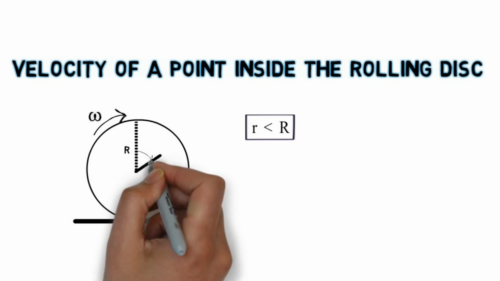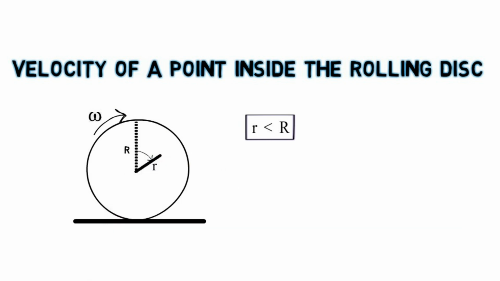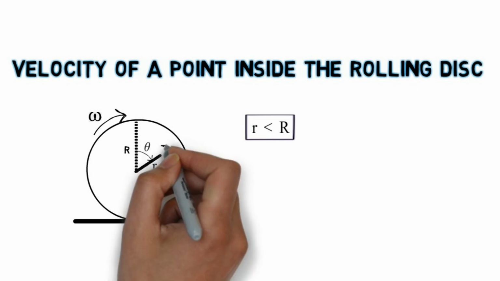And since we have chosen an arbitrary point, we will take the angle theta, made by the line created by the center of the disk and the point T.